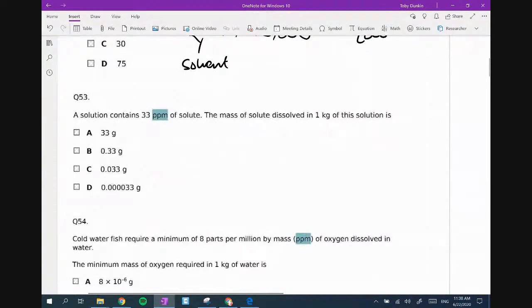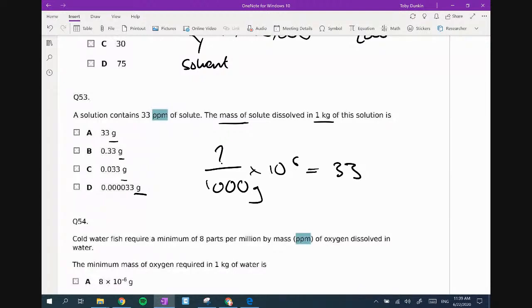Next. The solution contains, they've flipped it round. So we've done the mass of solute in 1 kilogram. So we've got mass of solute over 1,000 grams, because we're in grams in the question, times 10 to the 6 gives me 33. Reorganize. Divided by 10 to the 6, oh no, we have to multiply first. So multiply both sides by 1,000, divide by 10 to the 6, and that should give me the mass of solute.